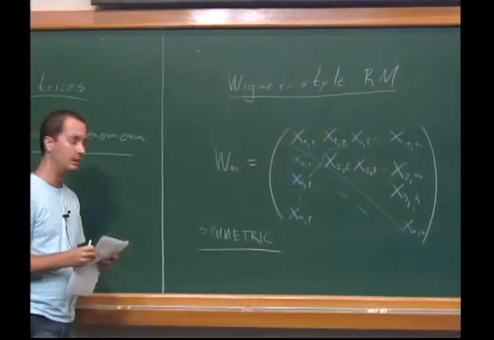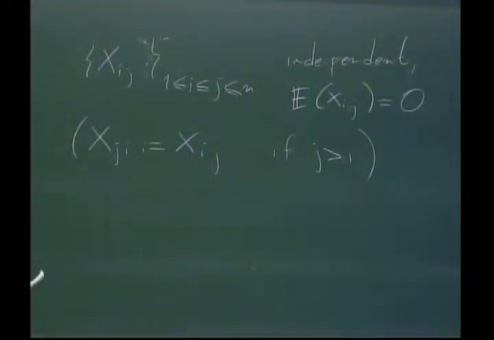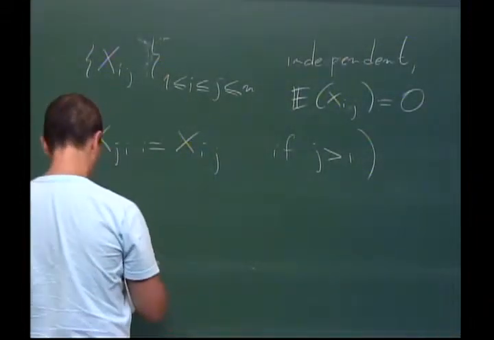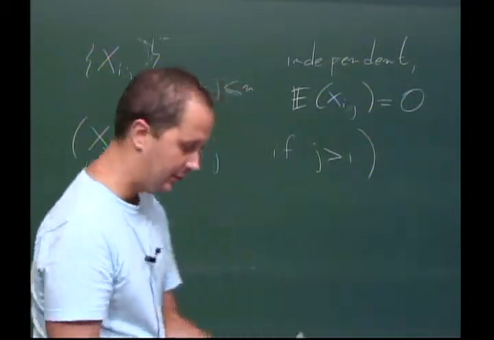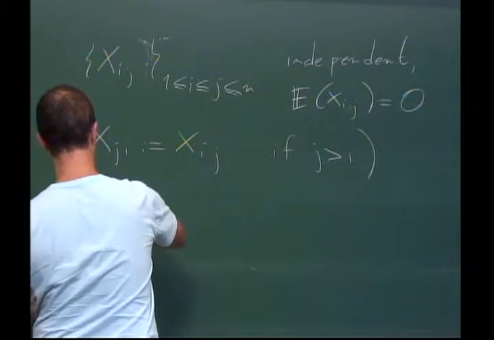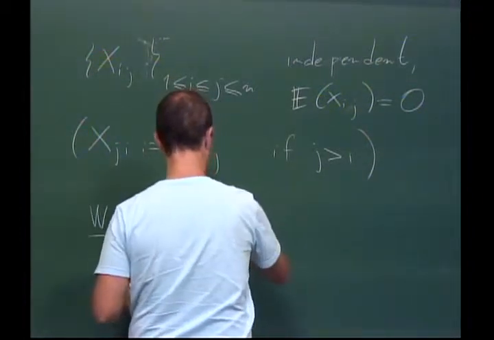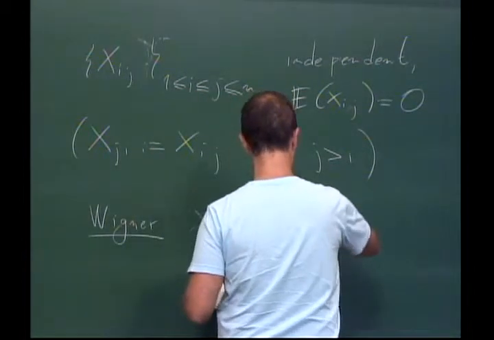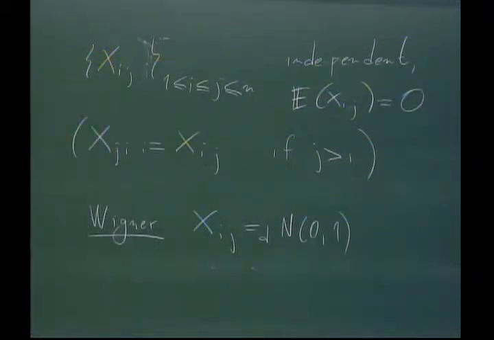So these matrices were introduced by Wigner in a 1955 paper in the Annals of Mathematics. His original model had all the x_ij's to be normal random variables with mean 0 and variance 1. And there are some particular reasons for why that's an especially nice case, as we're going to see later.